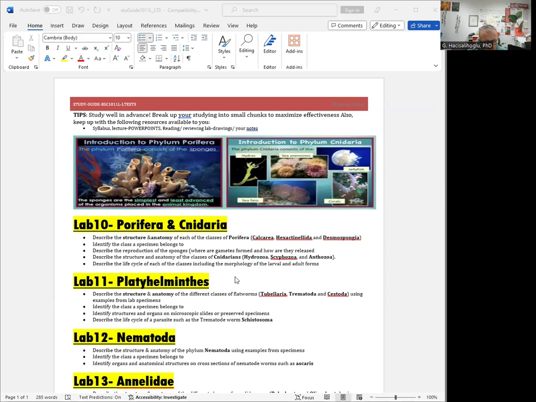This is the last phylum in the Metazoa subkingdom. Platyhelminthes are also called flatworms. What's so special about flatworms? They have bilateral symmetry.